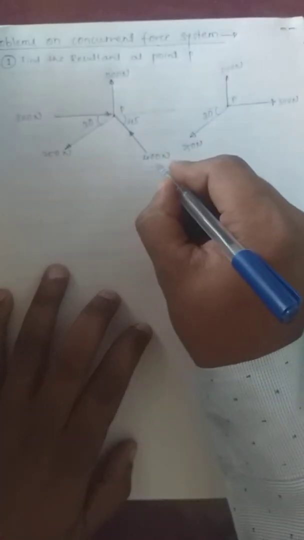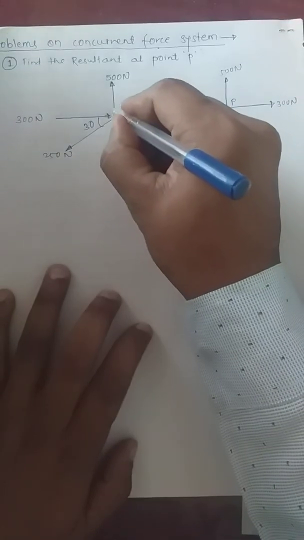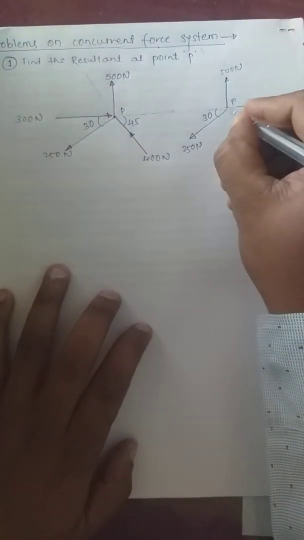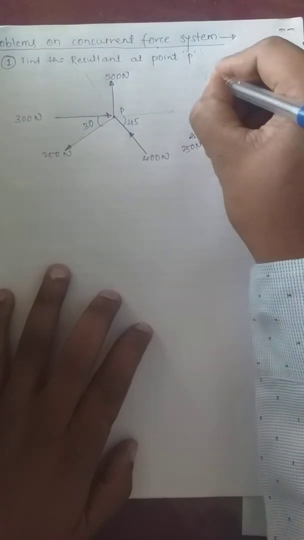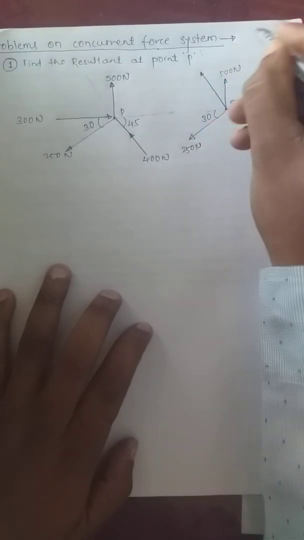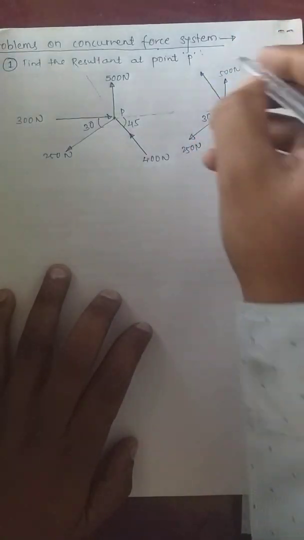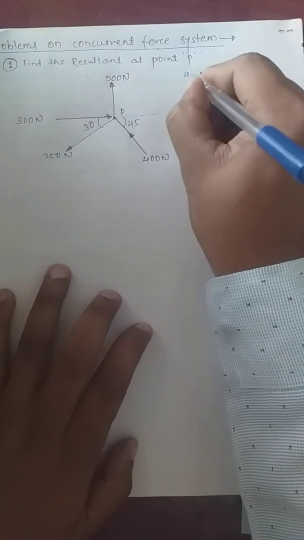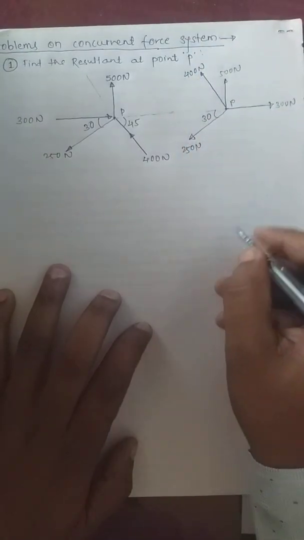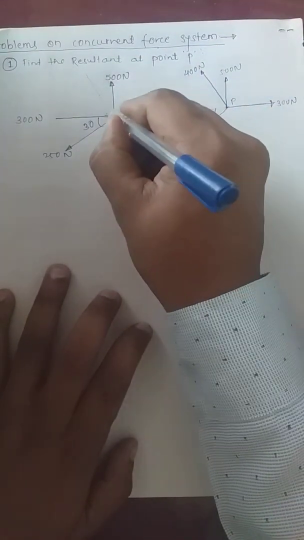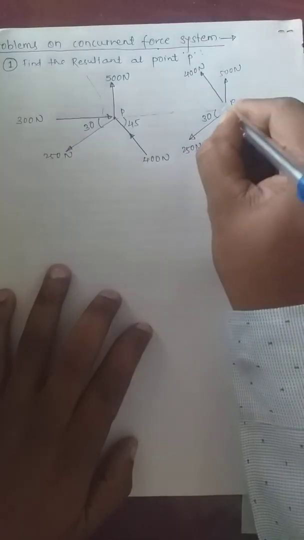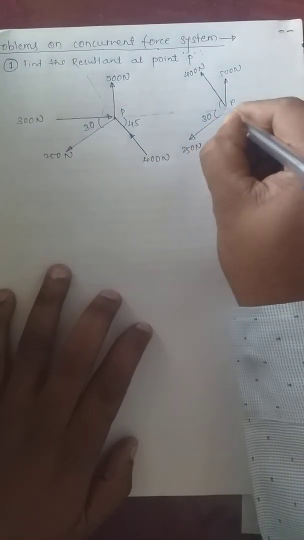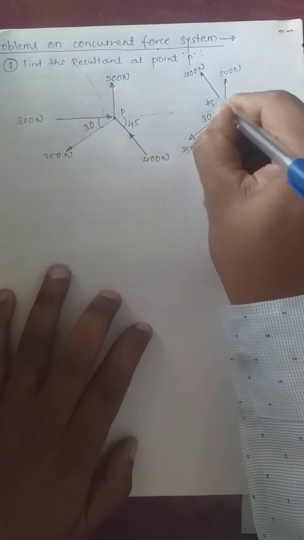Also, we can shift the 400 Newton along its line of action, according to the principle of transmissibility of force. So this will be 400 Newton. If this angle is 45, this will also be 45 degree.